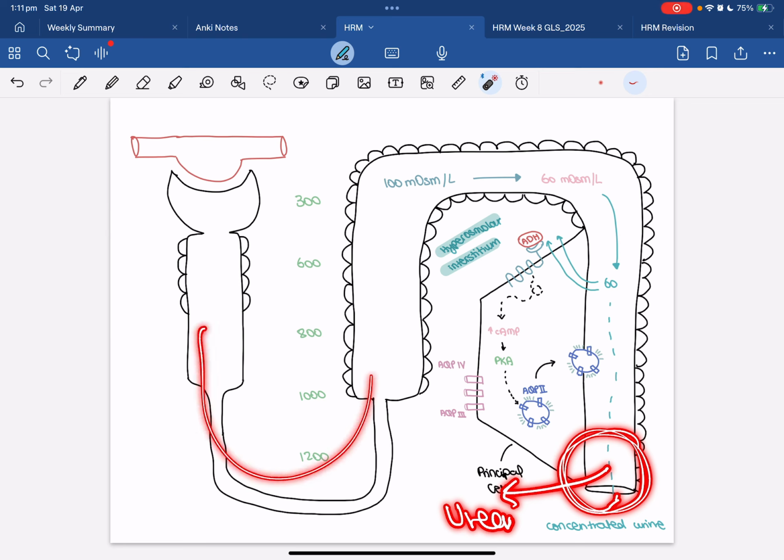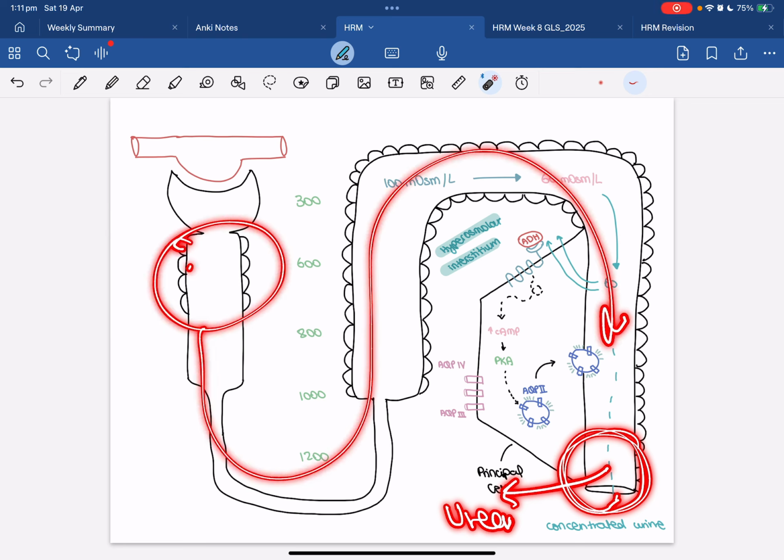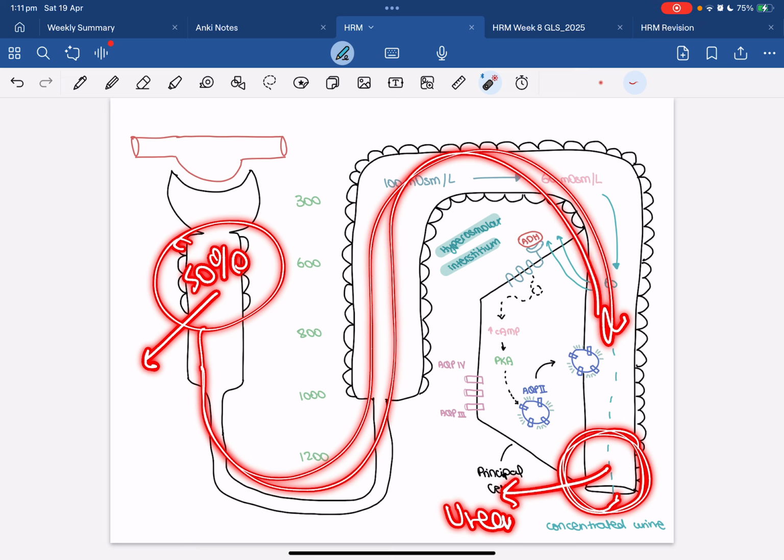It's going to go through these nephrons, and around 50% of the urea is going to get reabsorbed in the proximal convoluted tubule. The rest of it's going to move down, and the end of the collecting duct is permeable to urea reabsorption, but the majority of it does go down into urine.